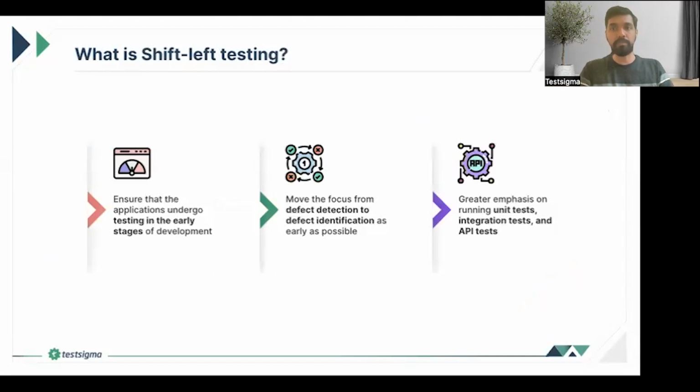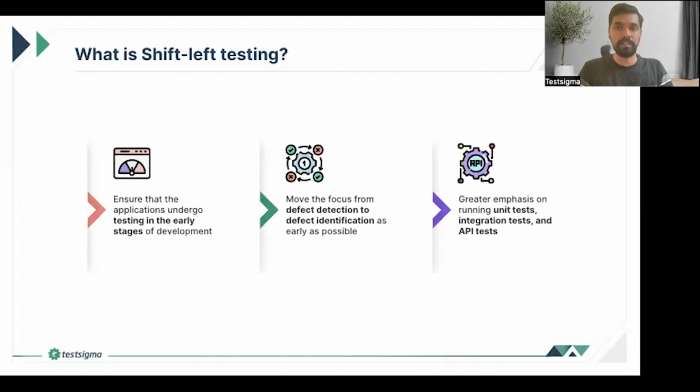Shift left testing is more of a proactive approach towards testing. It involves moving testing activities towards the left of your development cycle. That's why the name shift left. Unlike traditional testing methods, for example in your waterfall model or V model, where somebody writes a piece of code, pushes it into a staging environment, you then test it, and then you move it into production.